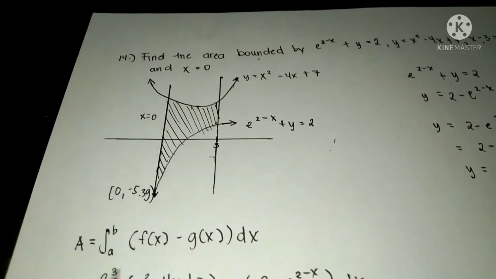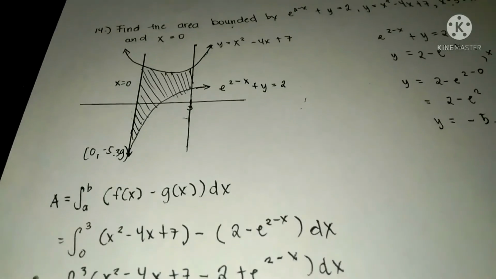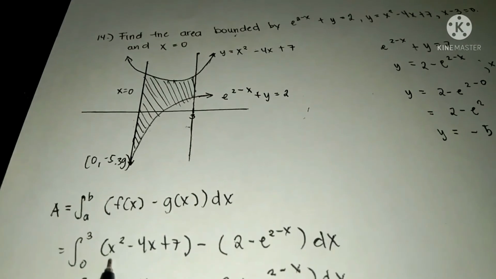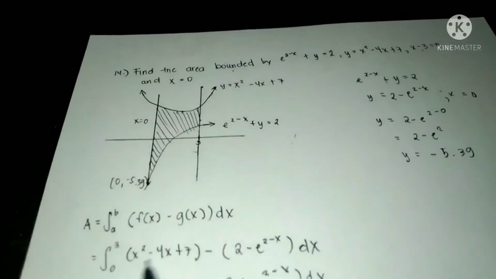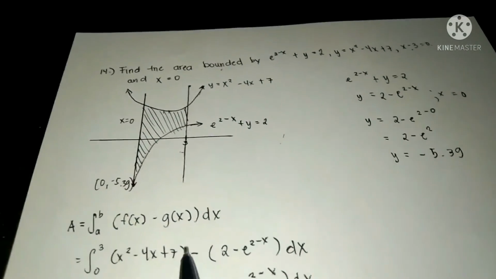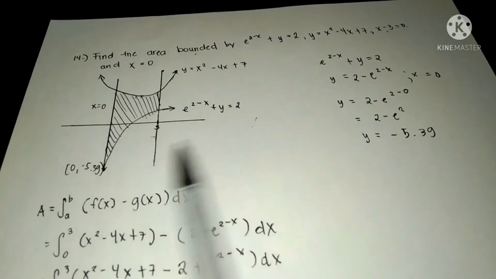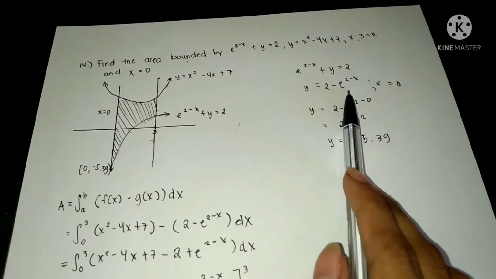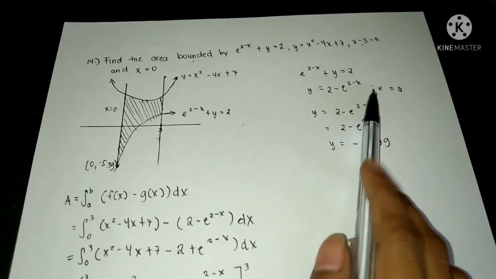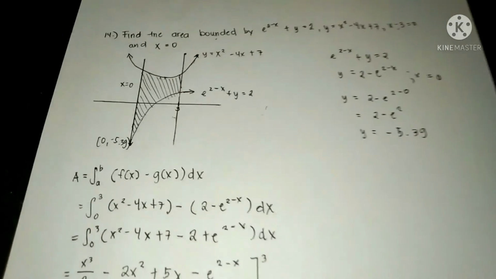So next, ito yung gagamitin natin para makuha natin yung area. So, area is equal to the integral of f of x minus g of x dx from a to b. So, the integral of yung f of x natin is itong nasa taas, which is x squared minus 4x plus 7 minus g of x, which is itong pinakababa, which is e raised to 2 minus x plus y is equal to 2, or 2 minus e raised to 2 minus x dx from 0 to 3.